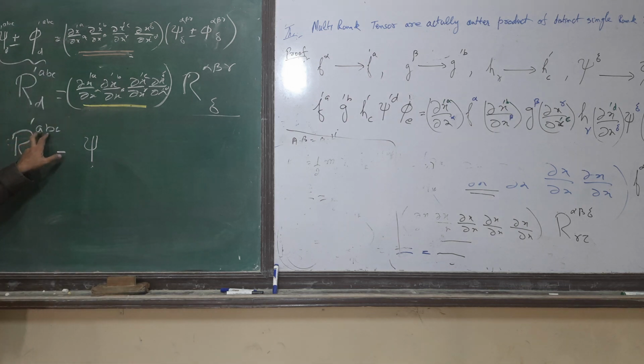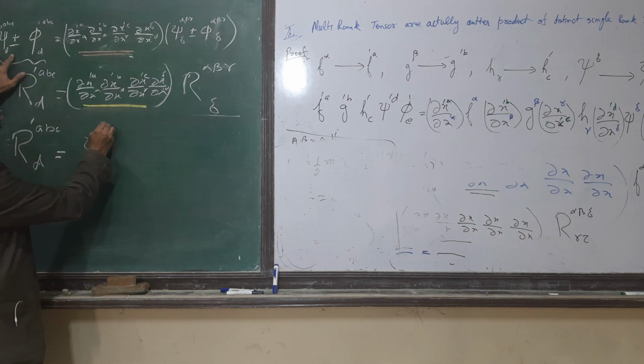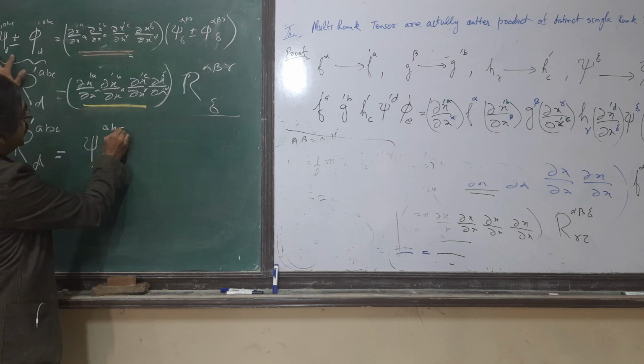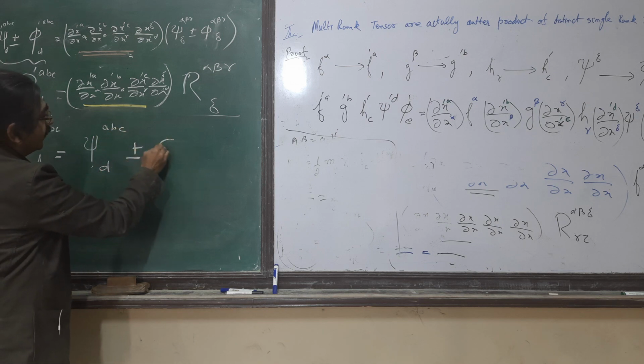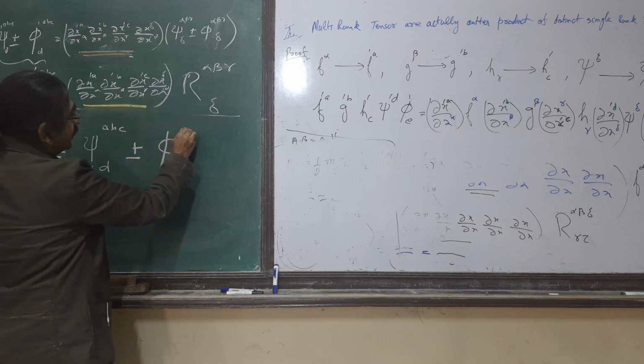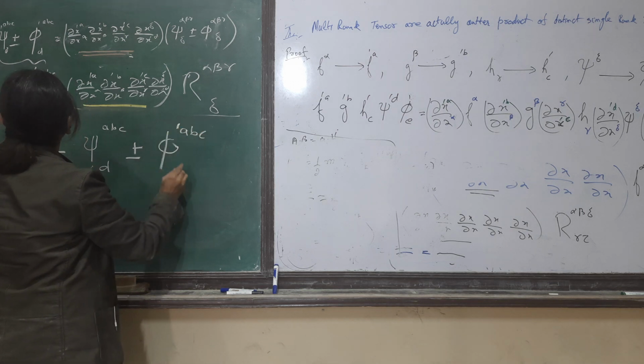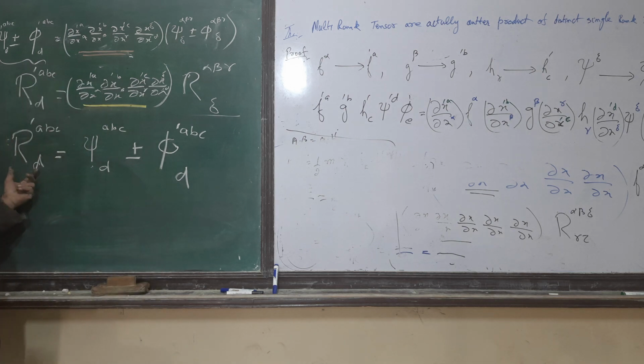Actually, this A B is the A B C D plus minus 5 A B C D. Why may I write it in this form? क्यों लिख सकता हूँ?